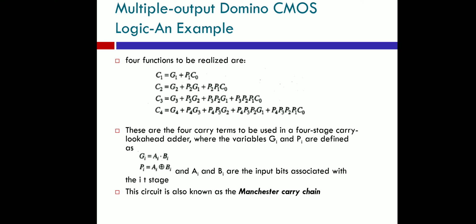This is a carry look ahead adder wherein we express the carry sum expressions in terms of two terms P and G, carry generate and carry propagate, where carry generate is A into B and carry propagate is A XOR B. So the four functions we have, C1 to C4, are written in terms of the input carry C0, then the G and the P. For each stage, for example, C1 will be G1 plus P1 C0.